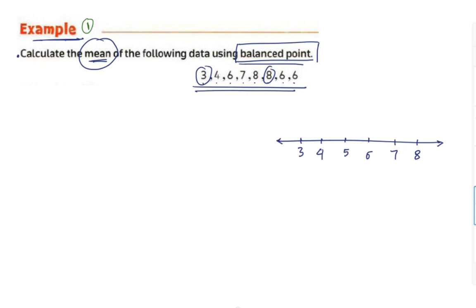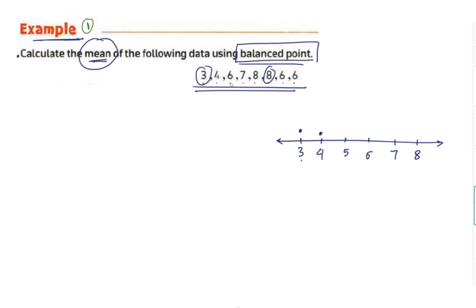After that, what's the frequency of 3? I just have one 3, so just one dot. How many 4? Just one 4. How many 5? There is no 5, so there is no dot here. And how many 6?